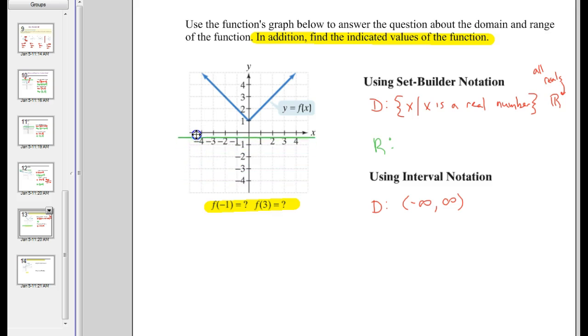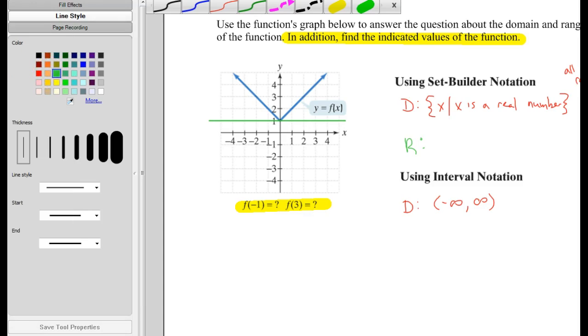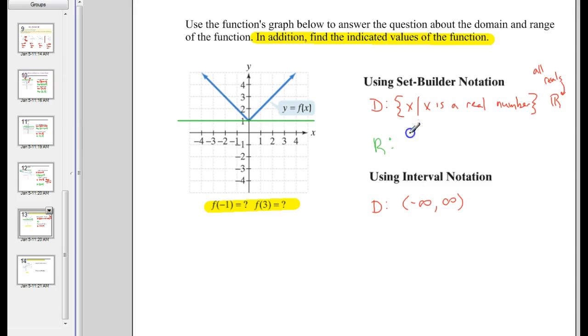We don't hit any graph, we don't hit any graph, and finally we do hit a graph at 1 on the y-axis. So we start at 1 and we go up, and again, because of the arrows, it means we're always going to be able to keep rising. So we say y is greater than or equal to 1.